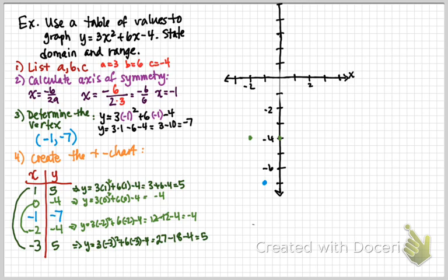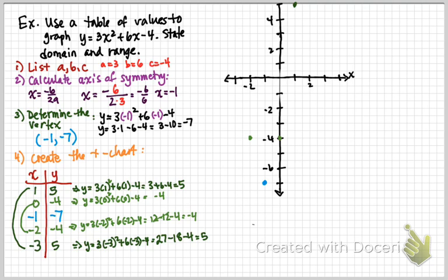Once you know it's at the top. So much for my good planning, right? Should have put it down a little further. All right, and then we'll go back to here, and then we're at 1, 5, which is right here, and then we're at negative 3, 5, which is right here.